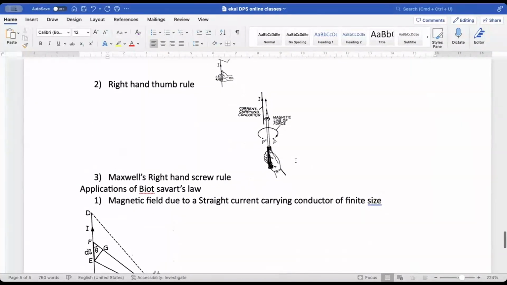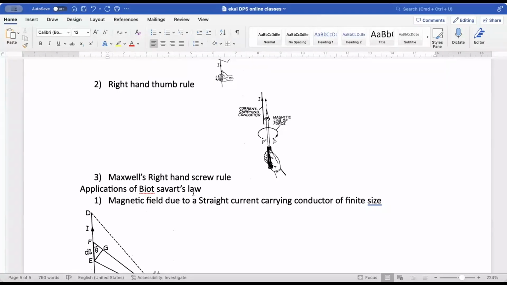And there is another rule, Maxwell's right hand screw rule. It states that if we hold the screwdriver in the right hand and rotate it in such a way that the screw moves in the direction of the current in the conductor, then the direction of rotation of the thumb will be the direction of the magnetic line of force.